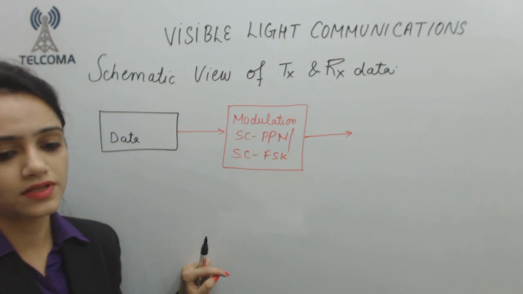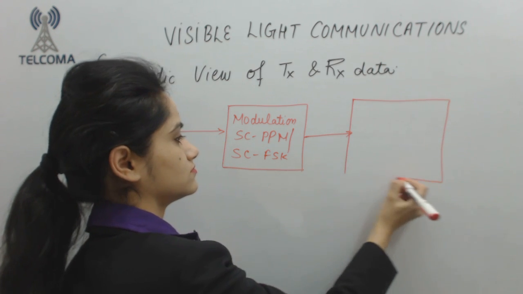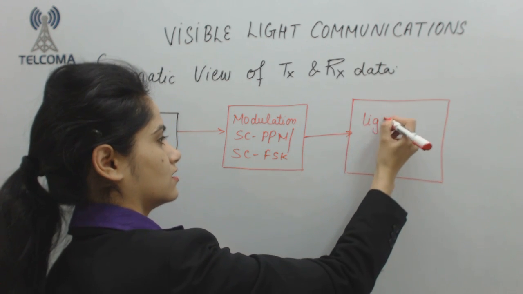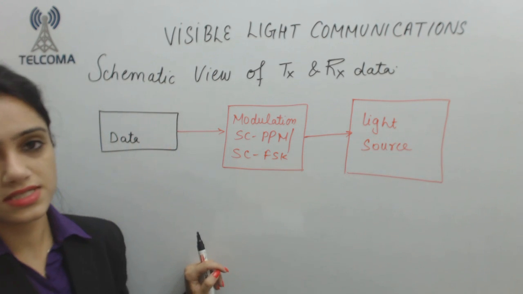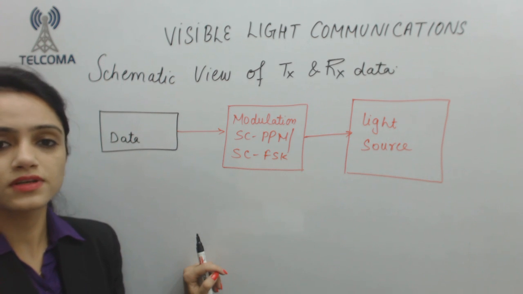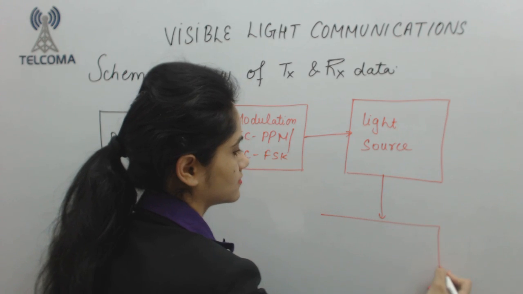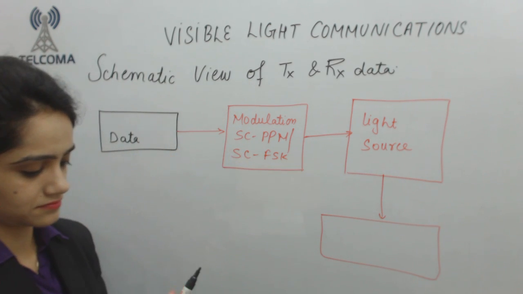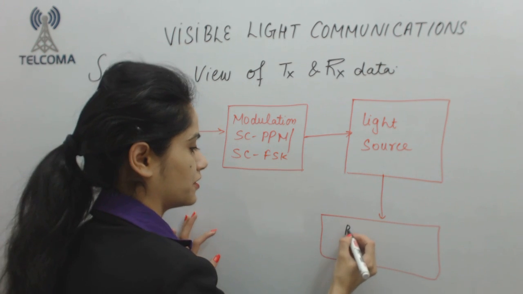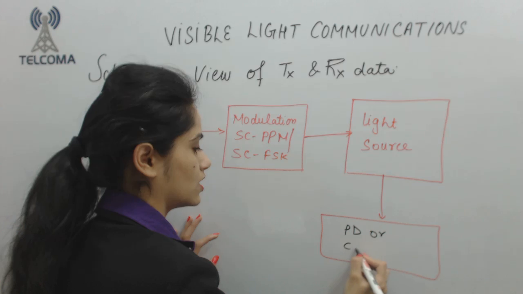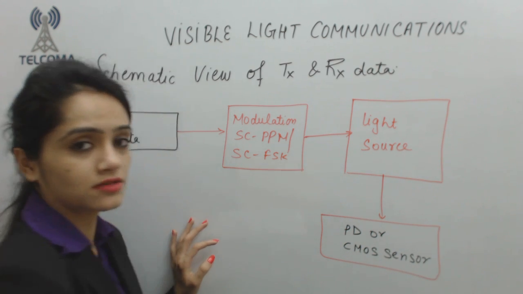So this data after modulation will require to pass through a light source. So this is a light source which is used to transfer the data. Now at the receiver end, what do we require? At the receiver end, we require a photodiode or CMOS sensor that are used for reception.